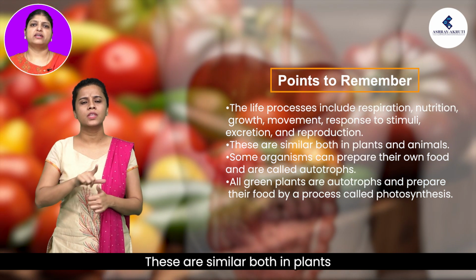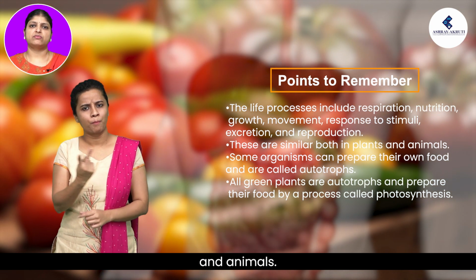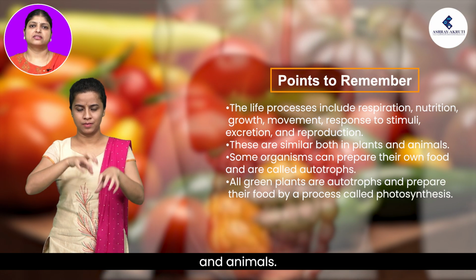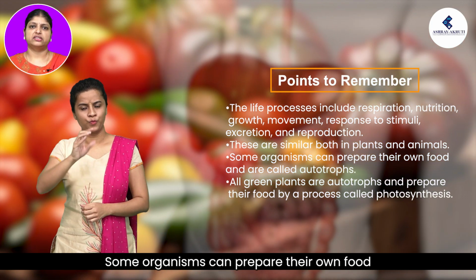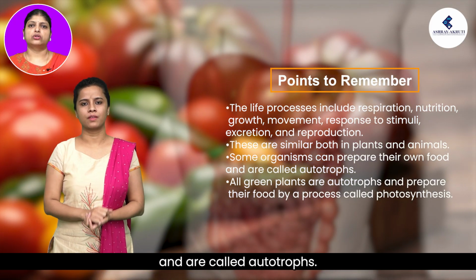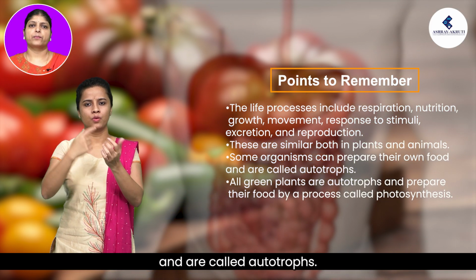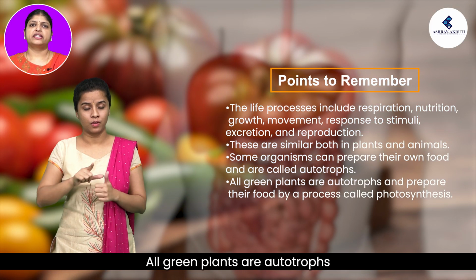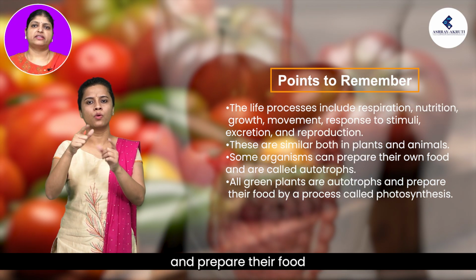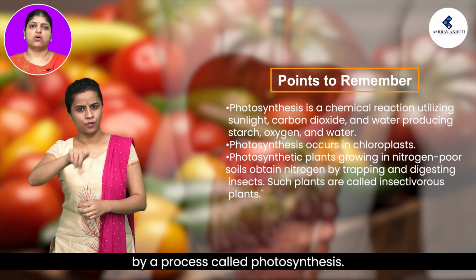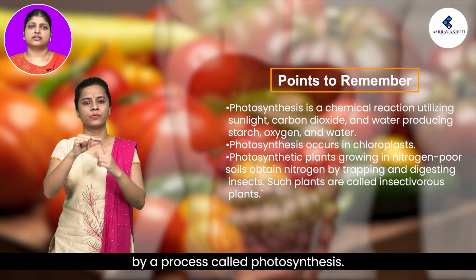These are similar both in plants and animals. Some organisms can prepare their own food and are called autotrophs. All green plants are autotrophs and prepare their food by a process called photosynthesis.